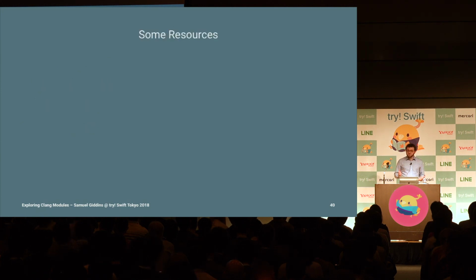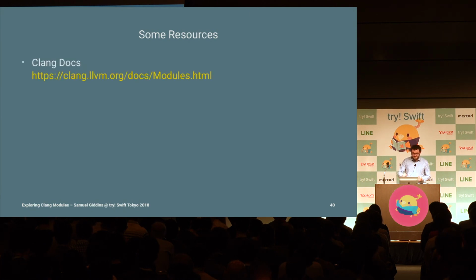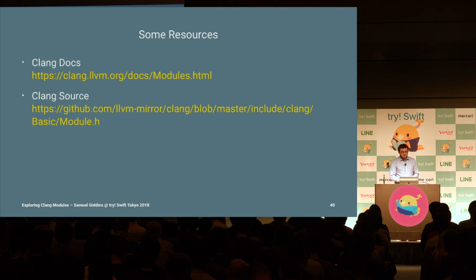If, for some reason, you want to learn more about Clang modules, here are some of the resources that I've found. I can't promise that they will be helpful. First is Clang's documentation page on modules. Next is the Clang source, which I used to figure out why things weren't working as I expected them to work when the documentation wasn't as specific as I would have liked.